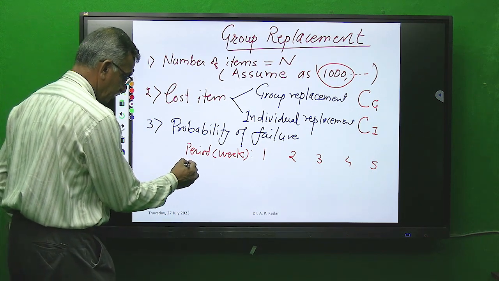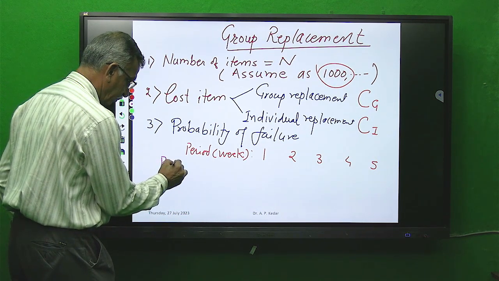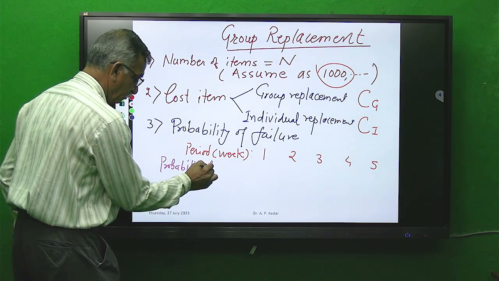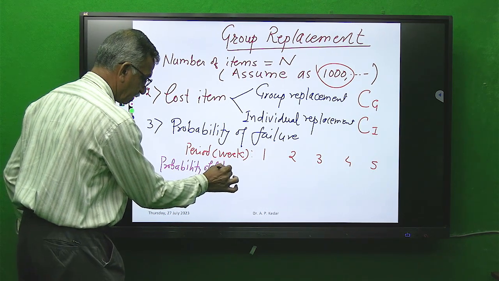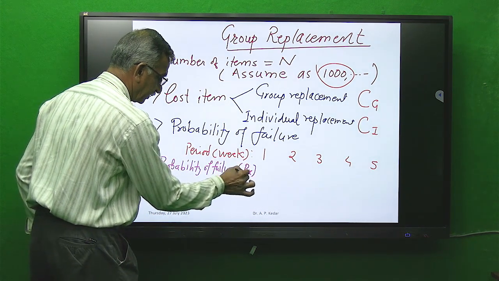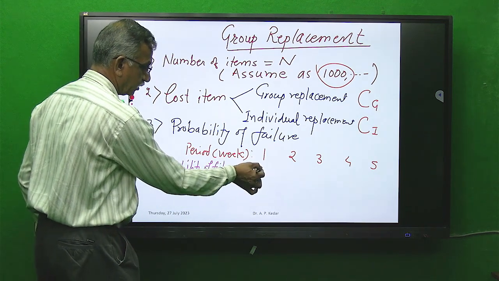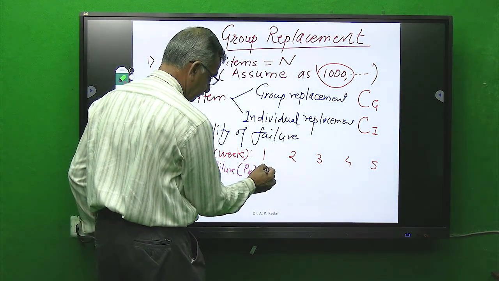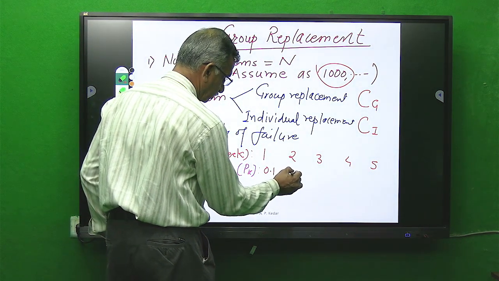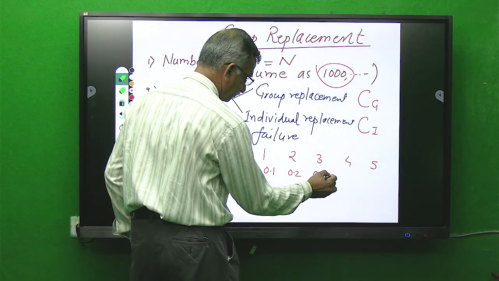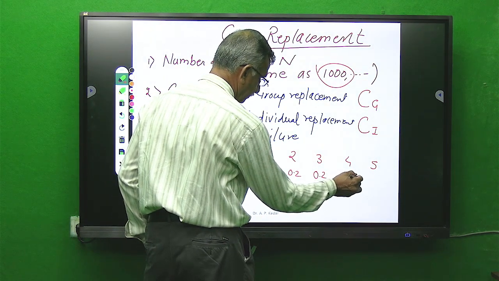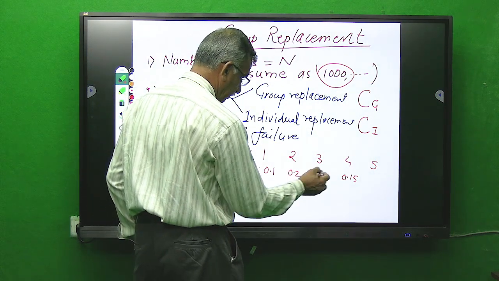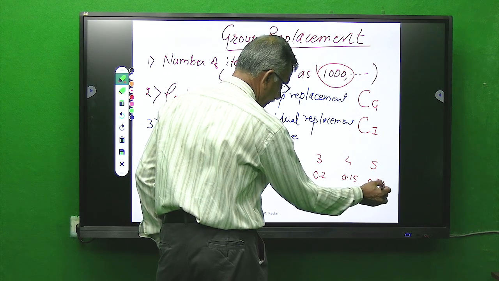Then the probability of failure, I am abbreviating it as PK, for different periods. Suppose 0.1, 0.2, 0.2, 0.15, and 0.35.